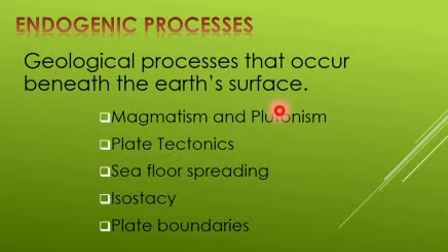So lahat ng mga processes na nangyayari inside, di ba, or beneath the earth's surface. So that is endogenic processes. So we have magmatism and plutonism, plate tectonics, seafloor spreading, isostasy, and plate boundaries. So as we go along the lesson, i-discuss natin yan. Ano-ano bang ibig sabihin nitong mga bagay na to? Yan, ng mga endogenic processes na ito.